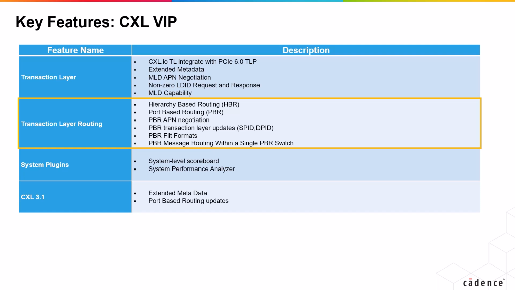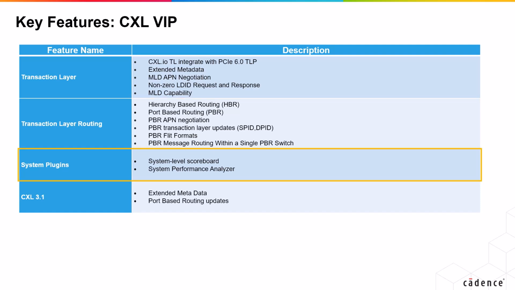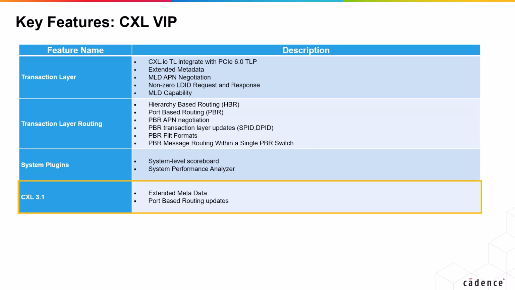It supports hierarchy-based routing and many features for scalable addressing mechanisms called port-based routing. These are PBR-APN negotiation, PBR transaction layer updates, PBR Flit formats, and PBR message routing within a single PBR switch. It supports system plugins for system-level scoreboard and system performance analyzer. In addition, it supports CXL 3.1 features, which includes extended metadata and port-based routing updates.